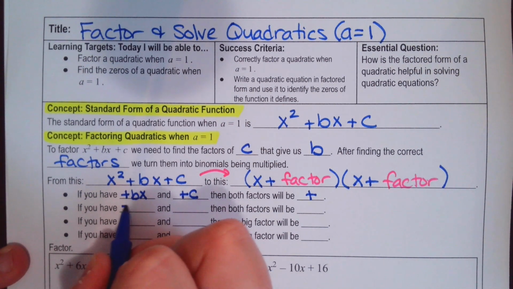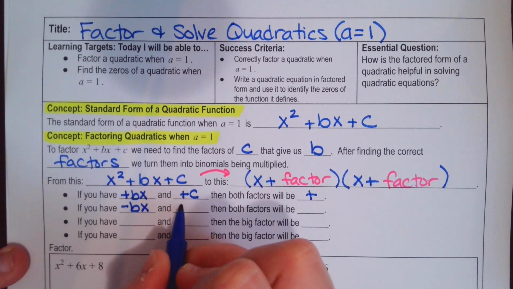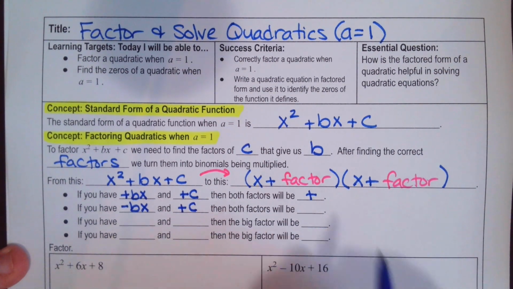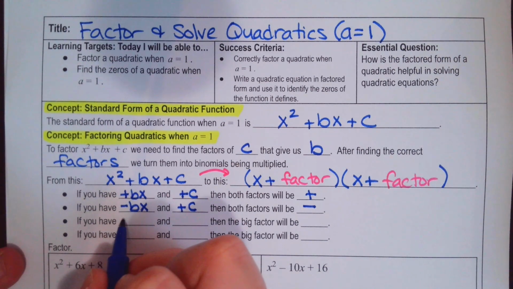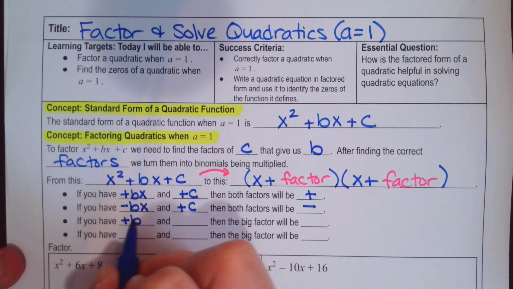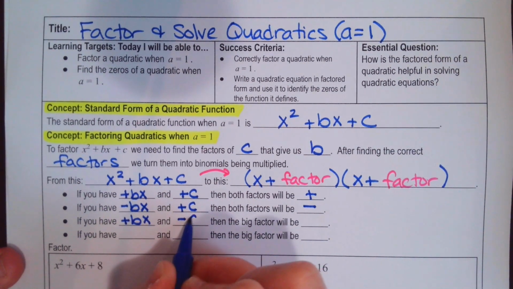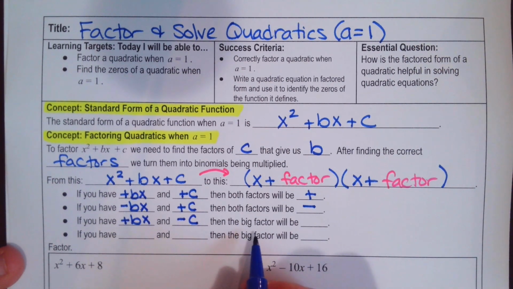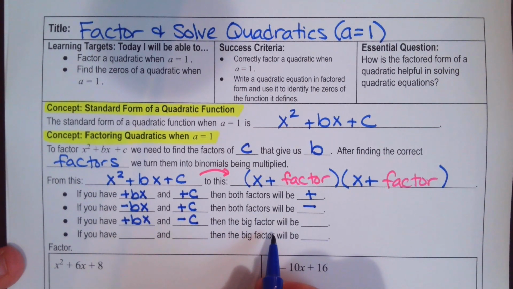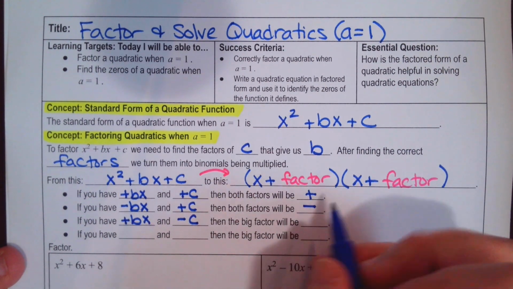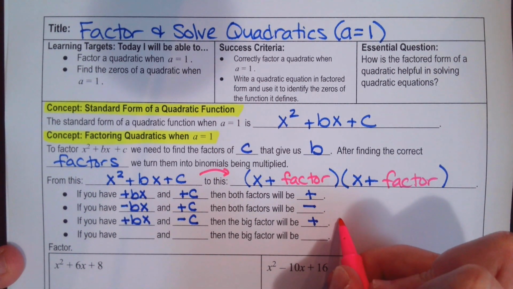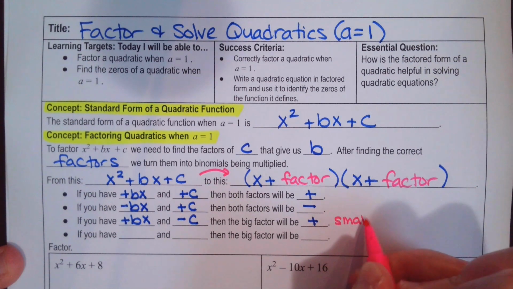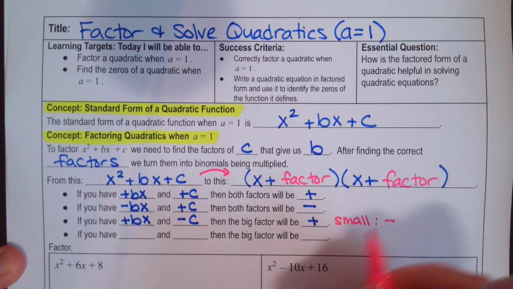If you have negative bx and positive c, then both factors will be negative. If you have plus bx and minus c, then the big factor of your factored pair will be positive, meaning the small factor will be negative.